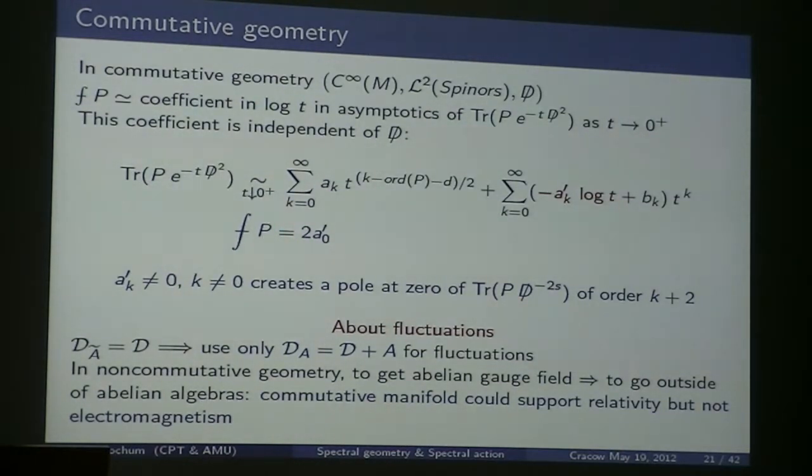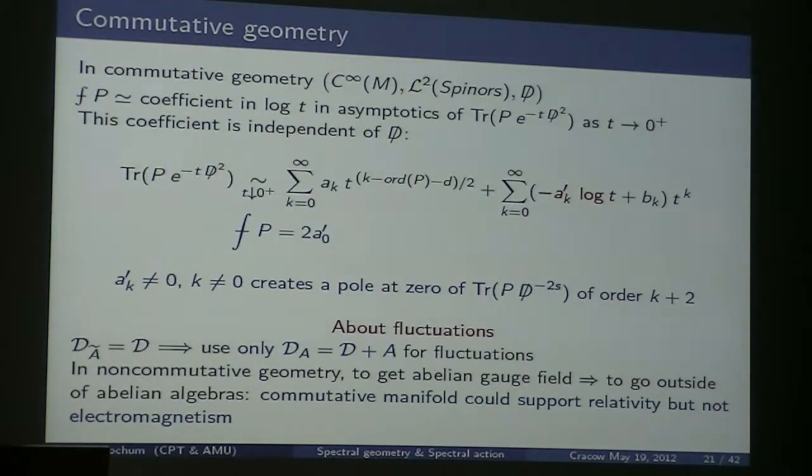So, a few words about fluctuations. In the commutative situation there is this strange behavior: when you make a fluctuation, there is no trace of this fluctuation, so you have this equality. So you are obliged to use only this definition for the fluctuation. And what does that mean?